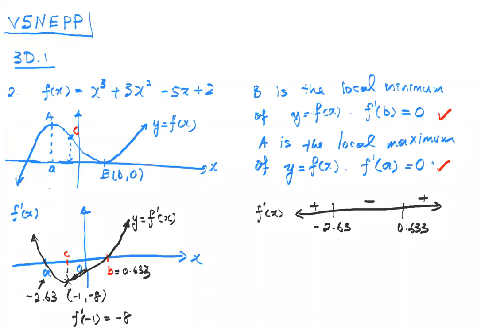Are you clear? So now when I try to draw the sign diagram of f double prime, that is how I do it. Because f double prime is the rate of change of f prime, am I right? So I will put down negative 1 here.